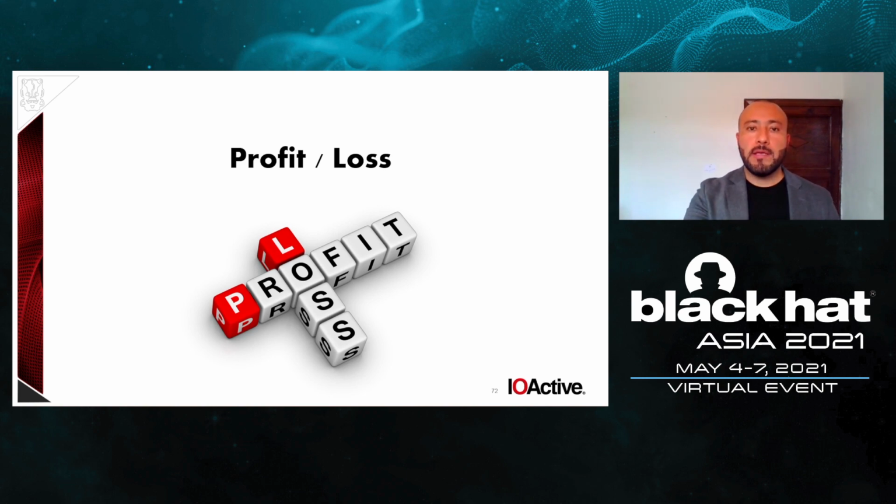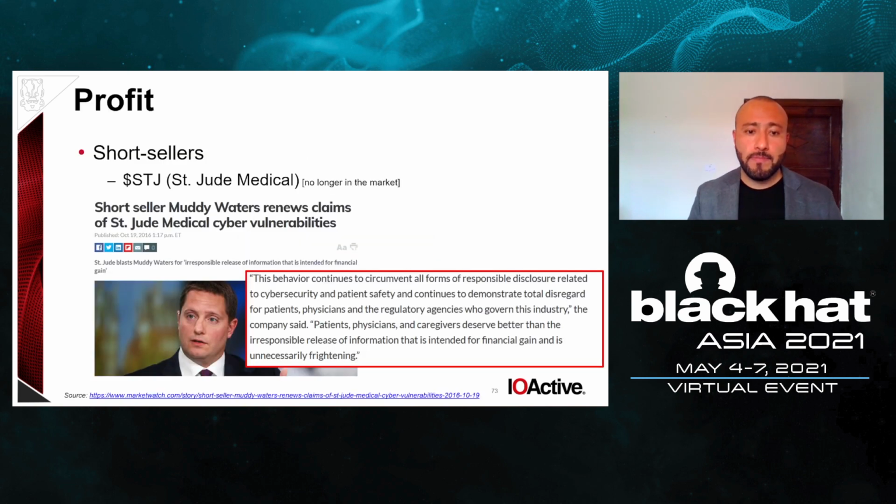Now, who makes money? Profit and losses. One of the cases is short sellers. For instance, this case is interesting. The firm Muddy Waters, which is a short seller company, released a report with security vulnerabilities in St. Jude Medical's device, but they did it in a very irresponsible way.